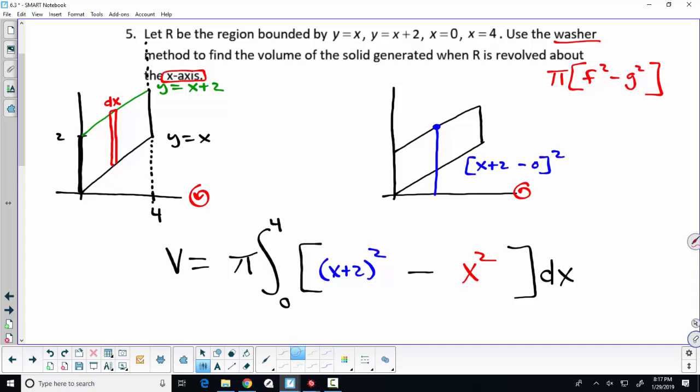And then the short radius here, or the inner radius, is given again by the bottom function minus 0, which is x minus 0 squared, which is just x squared. Is that all right? Everybody okay with that?